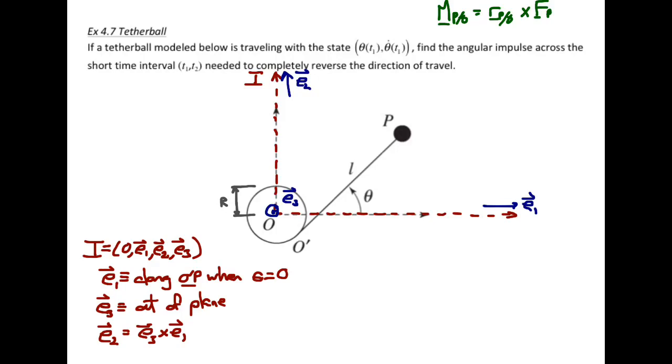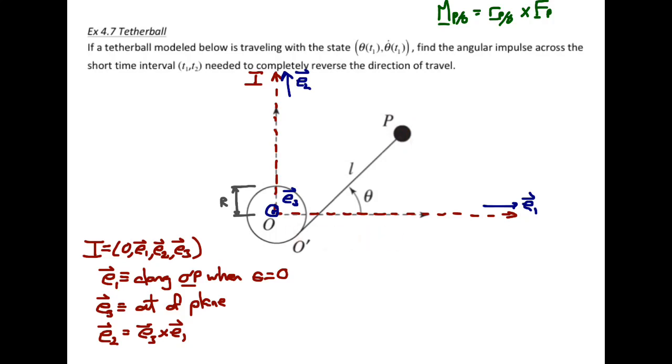So let's define our reference frames. First we have our inertial reference frame, in which we have E1, E2, and then E3. The origin is at point O, which is an inertially fixed point. E1 is defined along O prime P, so this is along the tether when theta is equal to 0.